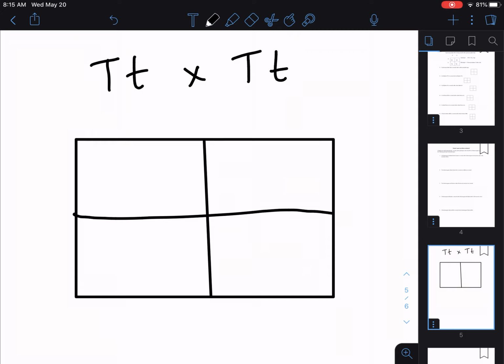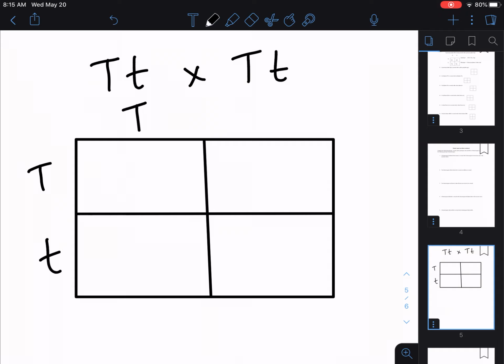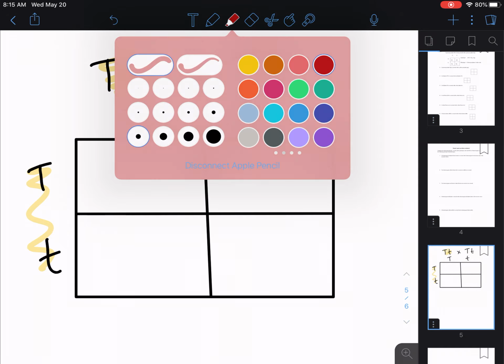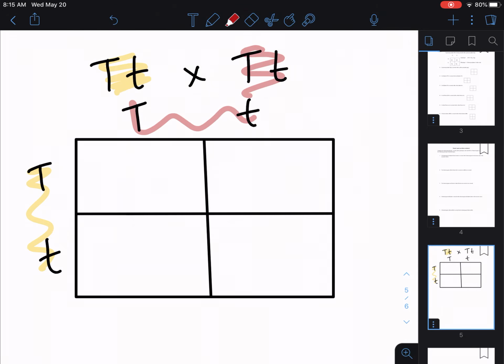I'm going to draw my box here. So now you're going to start this with one parent. So big T, little t there. And one parent up here, big T, little t. So the yellows went here. And the reds, they went there.